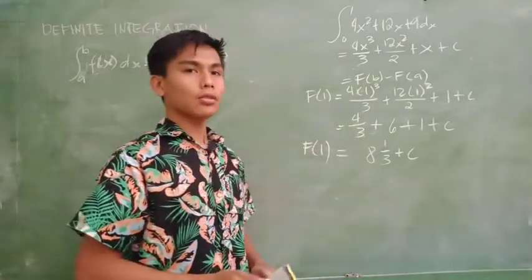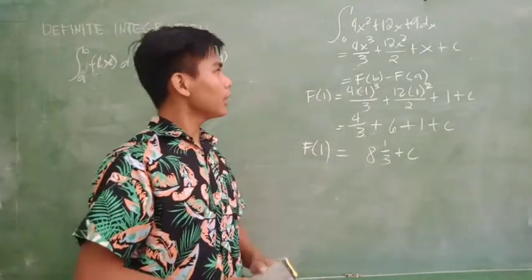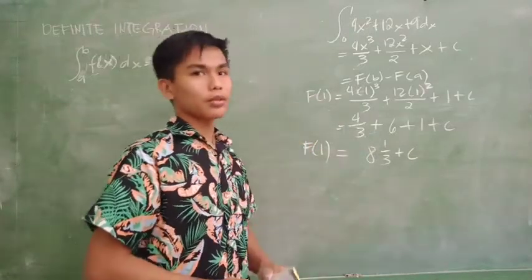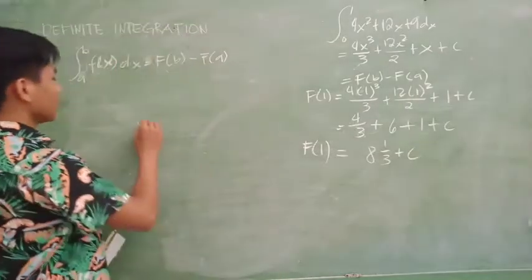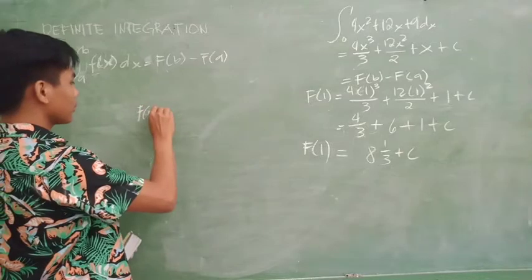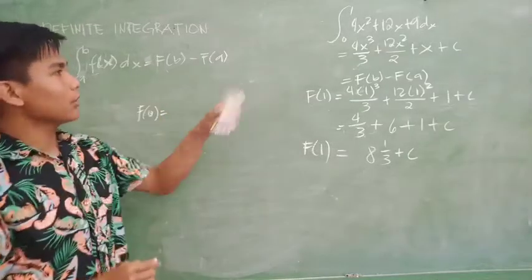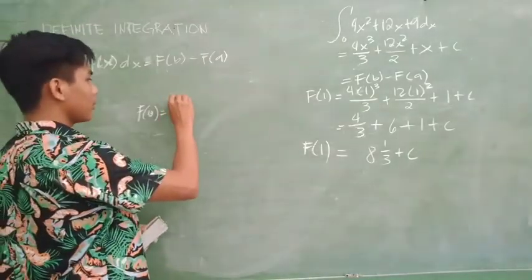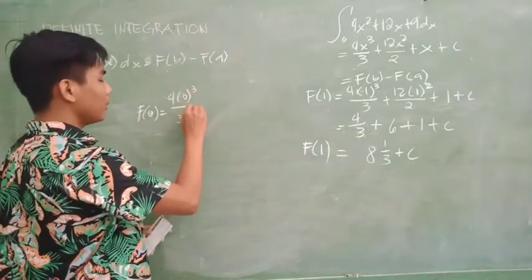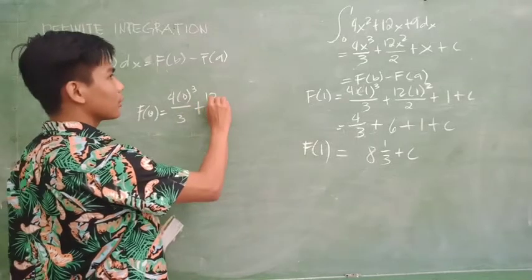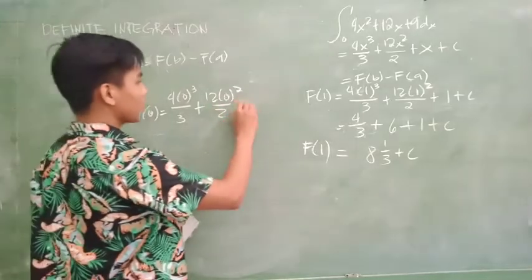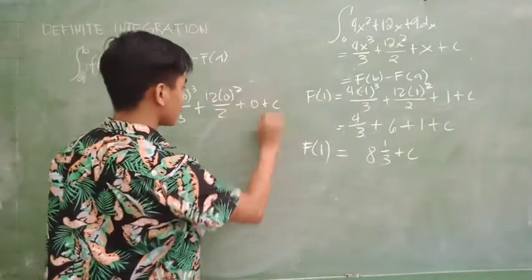The next step is to get F of a for the lower limit, which is 0. So substitute. We have F of 0. Substitute 0 to the function. We have 4 times 0 cubed over 3 plus 12 times 0 squared over 2 plus 9 times 0 plus c.